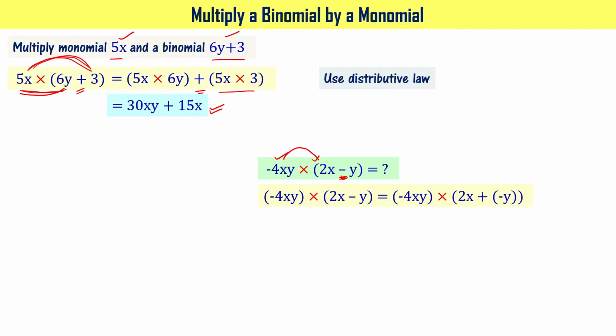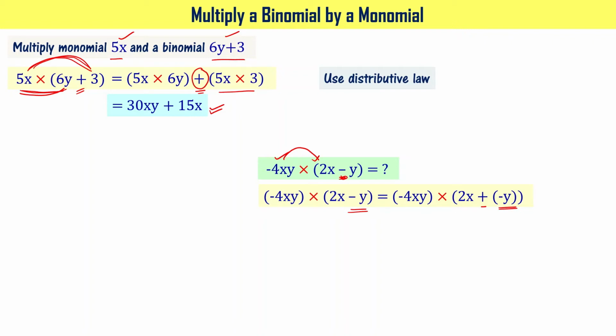minus 4xy. What I'm doing here is, instead of considering minus y as is, I am writing it as plus times minus y, right? The reason is that we have learned to use the addition in the previous problem.